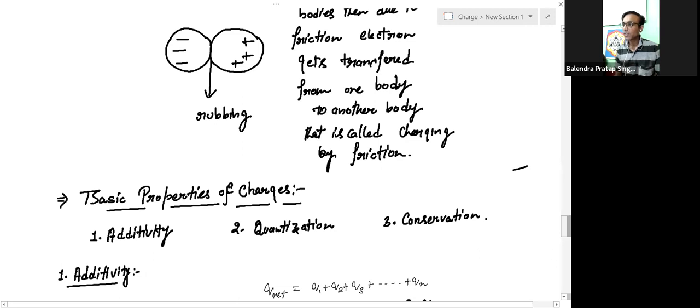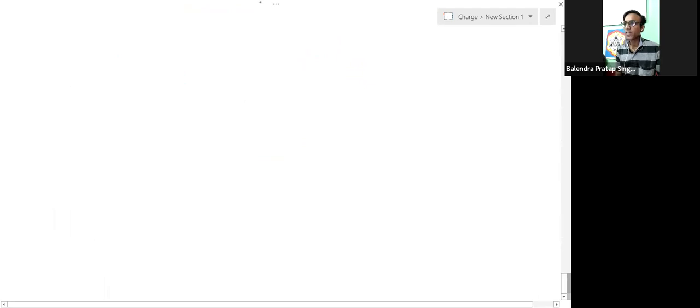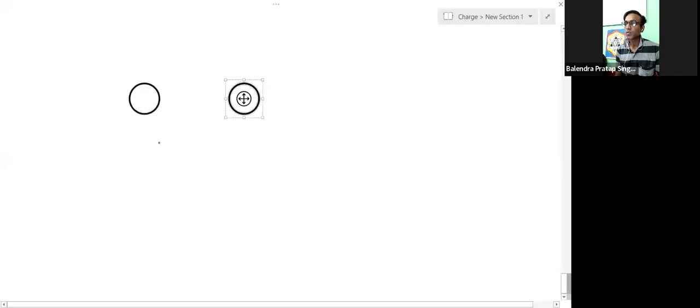Suppose I bring two charges very close to each other: this is charge q1 and this is charge q2. If both charges are positive, they will repel each other. This q1 will apply a force on q2, and again q2 will apply a force on q1. These two charges apply some force on each other, so that's why they repel.